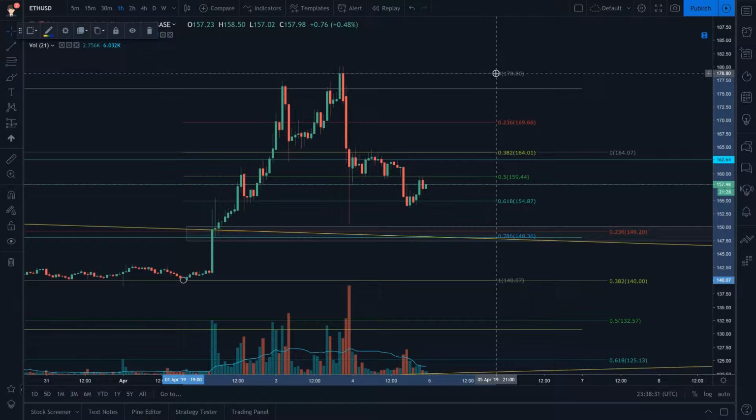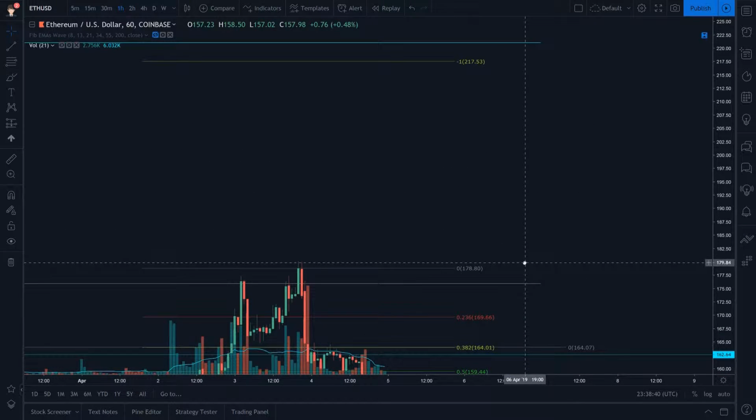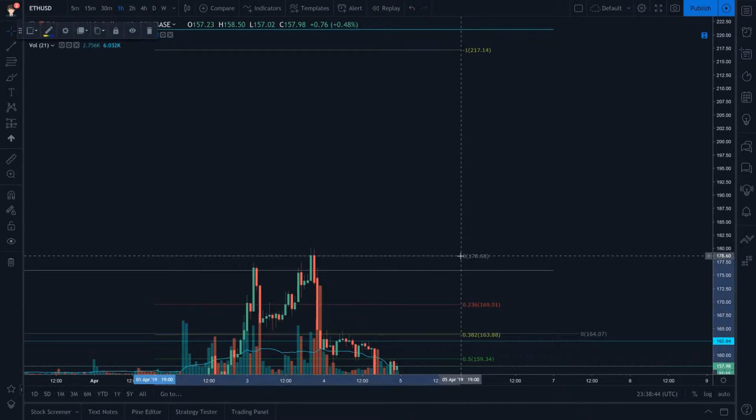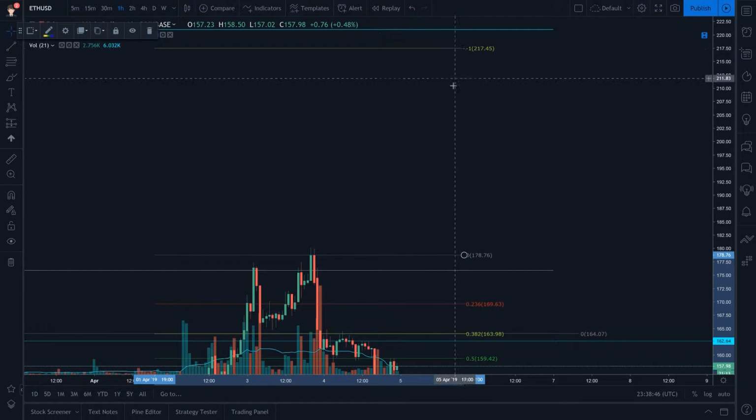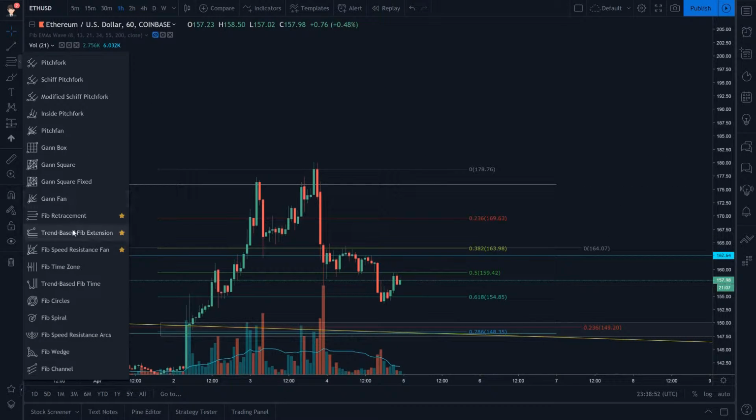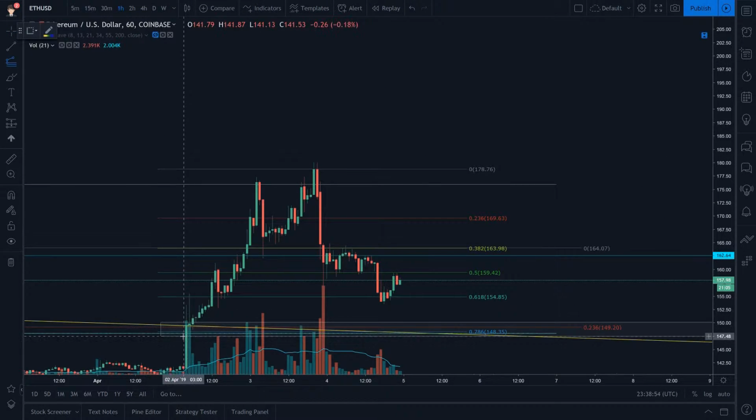So you can see here, just retracing this move we made here, we're kind of finding support at the 618. So we have our extension here. Again, 1-to-1 is putting us up at the 217. Take an extension tool, do the same thing, try to find some confluence.